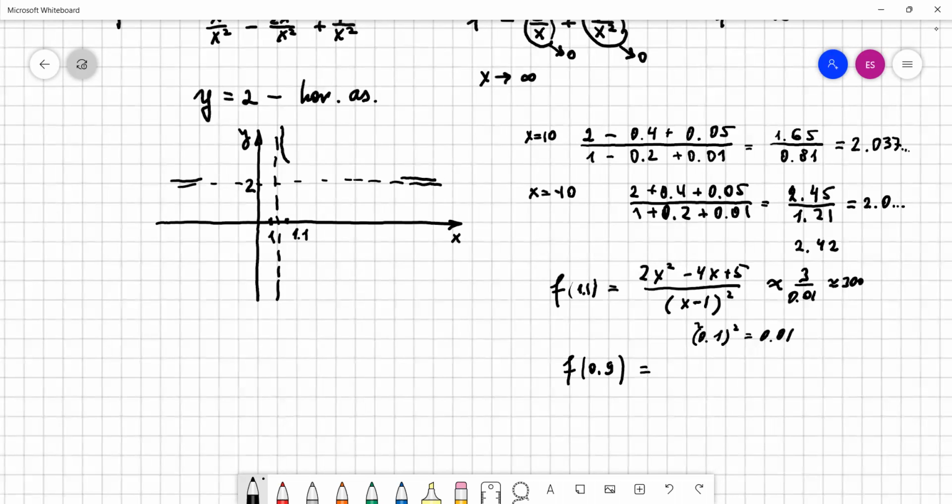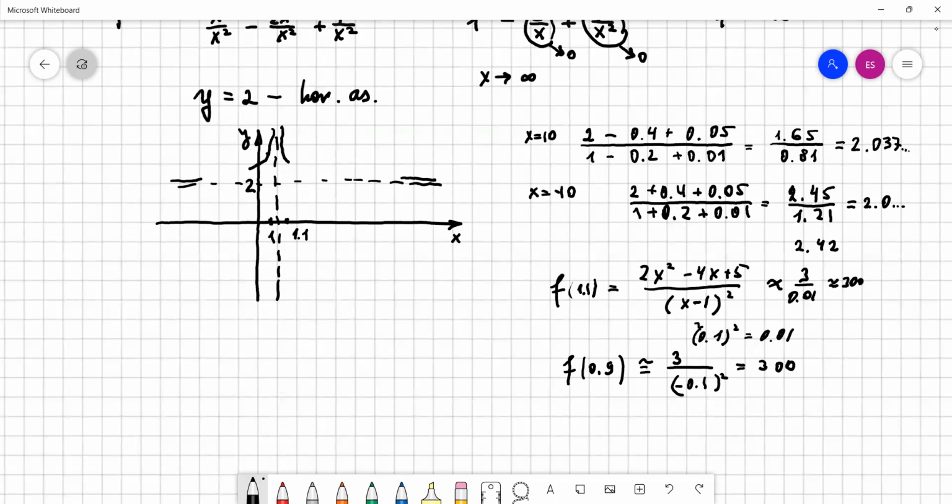So if I plug in 1, I'm still going to get 3 in the numerator, and in the denominator I'm going to have negative 0.1 squared, which again gives me 300. So a large number here, and 300 and a large number here.